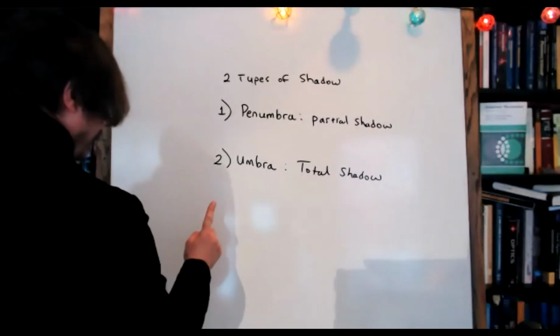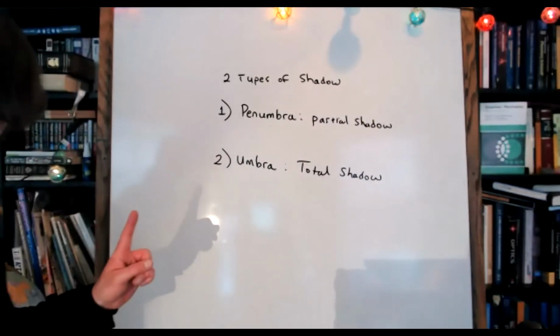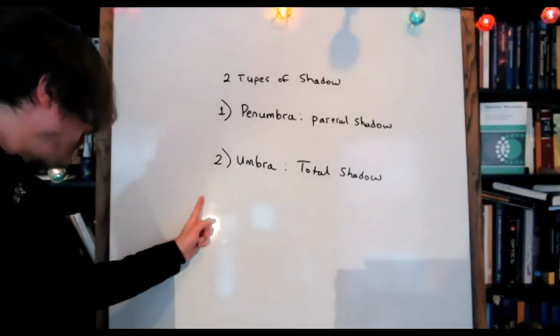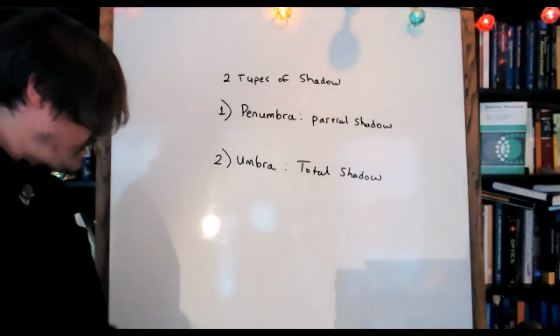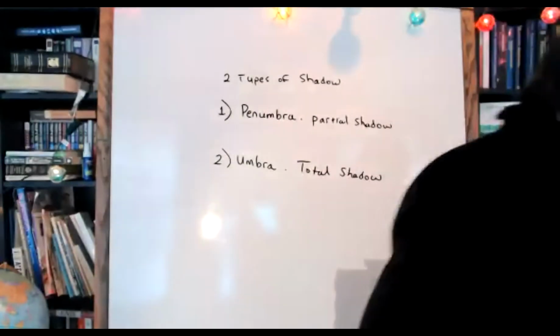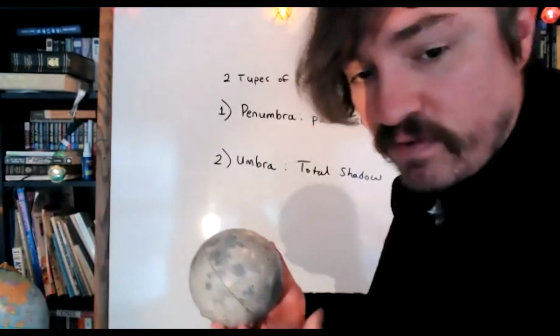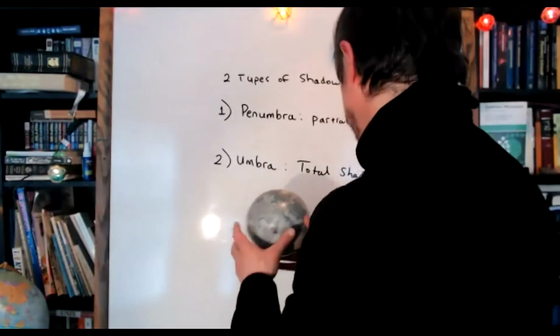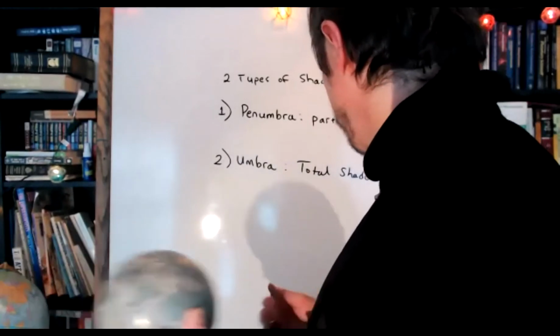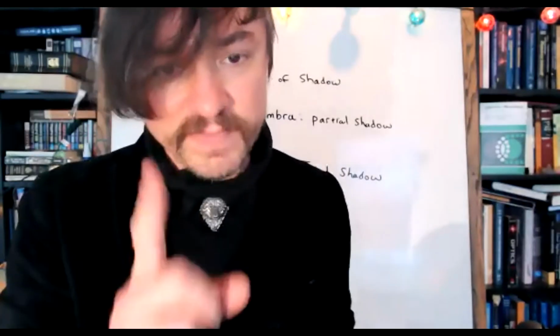I have done this before, but it's not working for me right now. Okay. I probably should have practiced that beforehand. I think you have to have a really bright light source that's extremely far away in order to reproduce this. You have to kind of mimic the conditions of sunlight. That was a fail.